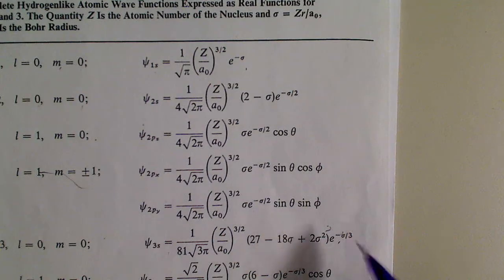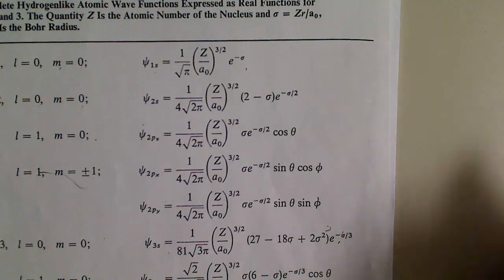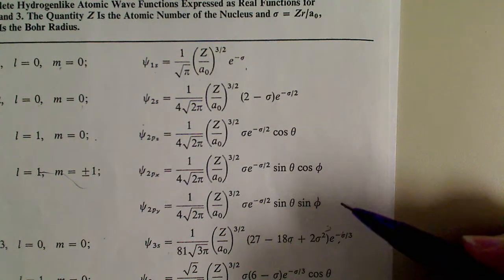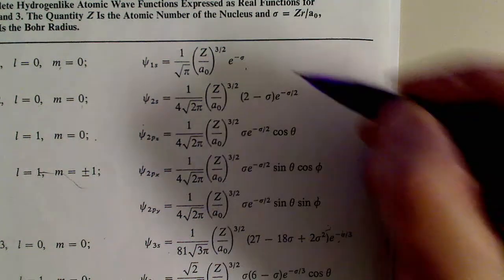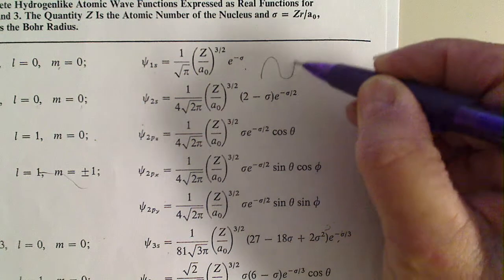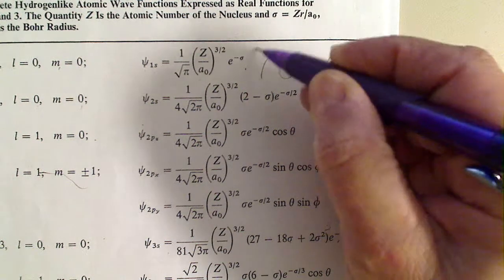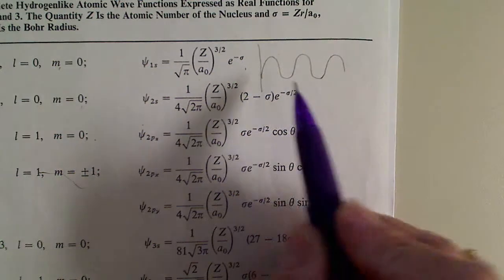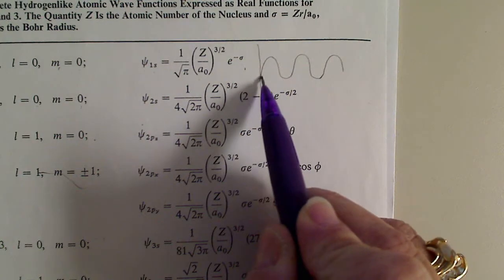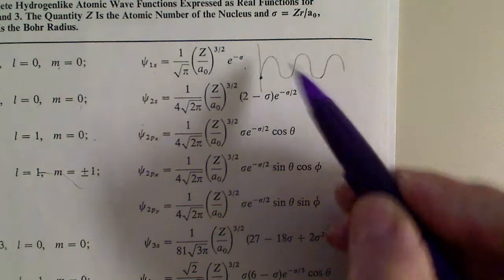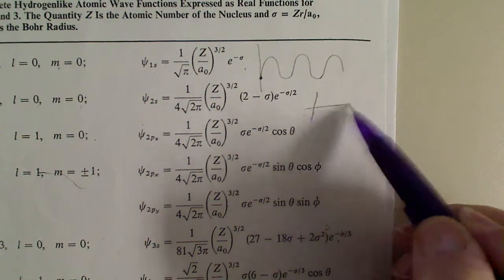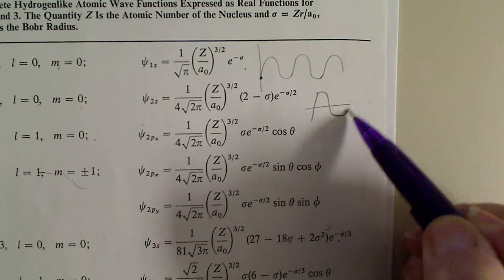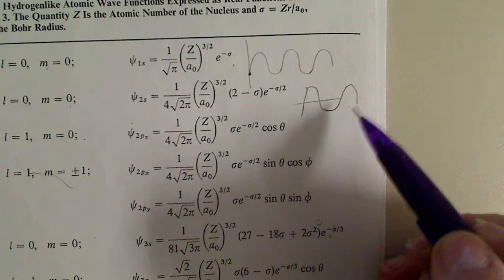We are just going to quickly look at the properties of a wave. We see sines and cosines in here, so if you've had trigonometry, you know that a sine wave looks like that, starting at the origin, and a cosine wave is just shifted over 90 degrees.